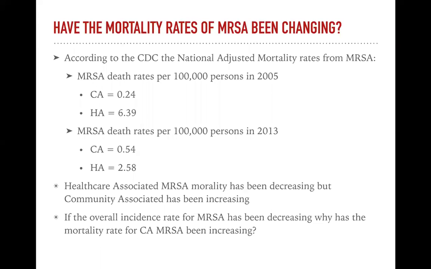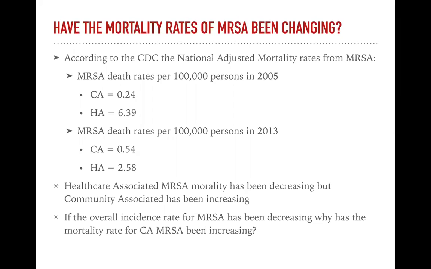Have the mortality rates of MRSA been changing? According to the CDC, the national adjusted mortality rates from MRSA death rates per 100,000 persons in 2005 for community-associated MRSA infections were 0.24, for healthcare-associated were 6.39, and the mortality rates per 100,000 in 2013 for community-associated were 0.54, and for healthcare-associated were 2.58.